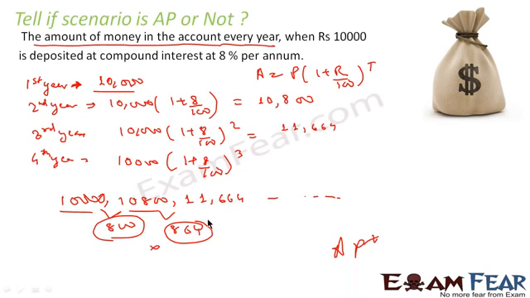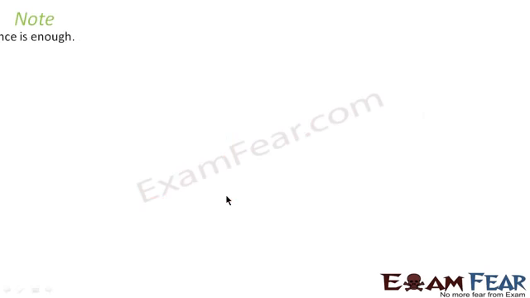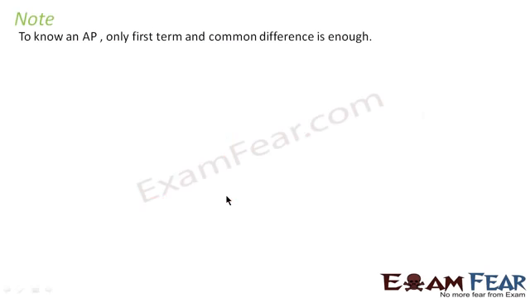And the question was asking for the amount of money in the bank every year. So this is the amount of money in this bank till first year, till second year, till third year and so on. A note: to know an AP, only the first term and common difference are enough. For example, if I know that the first term is 5 and the common difference is 2, I have the AP. I can say that it is 5, 5 plus 2, 7, 7 plus 2, 9, 9 plus 2, 11, 13 and so on.